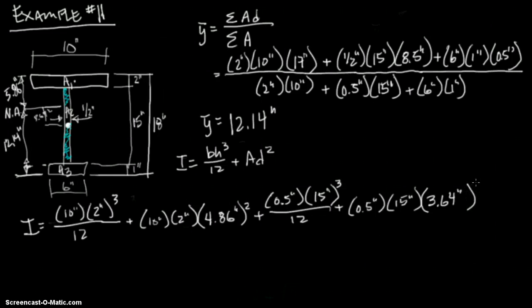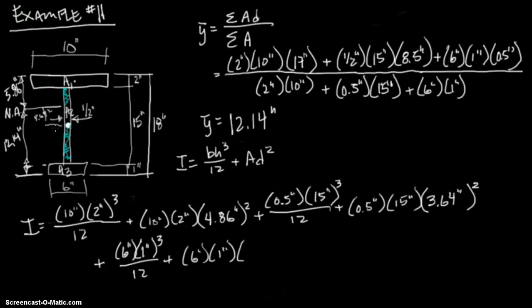Which, go over that a few times, make sure you understand what we're doing there. And we'll come down here and say for unit 3, or A3, let's call it A3, area 3, is base times height, base times height of 1 cubed over 12 plus area is 6 inches times 1 inch times distance.